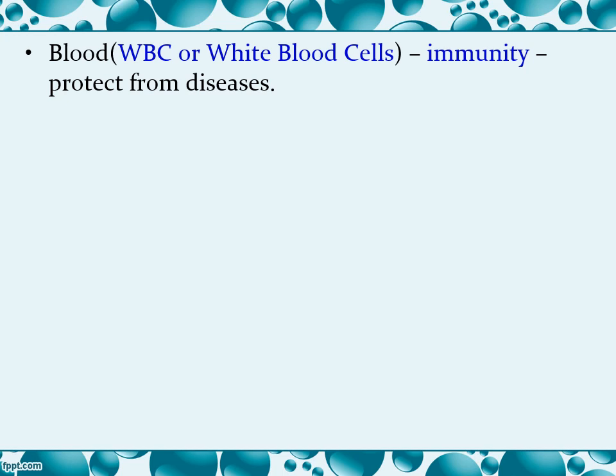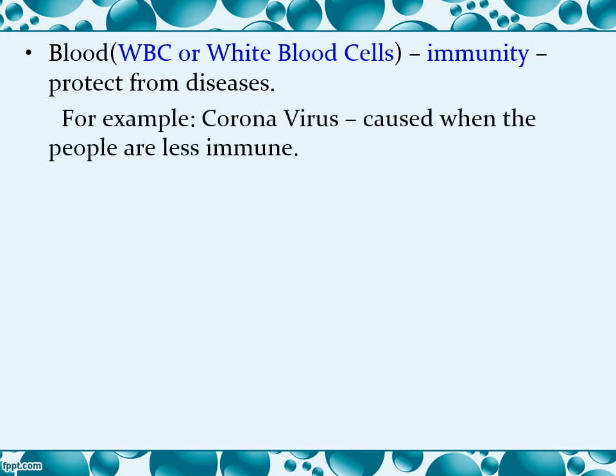A type of blood cell, that is WBC or white blood cells, provides immunity to the body and protects us from diseases. For example, we all have heard about the major recent outbreak all over the world, which is coronavirus. This coronavirus affects whom? This coronavirus affects the people who are less immune. Meaning that the amount of WBC or white blood cells is less in those people.